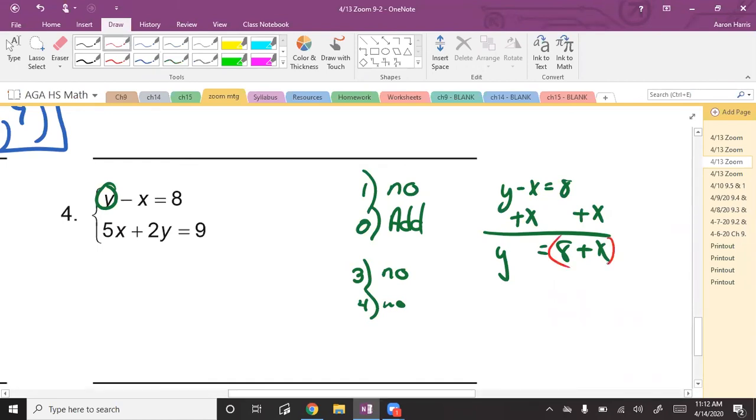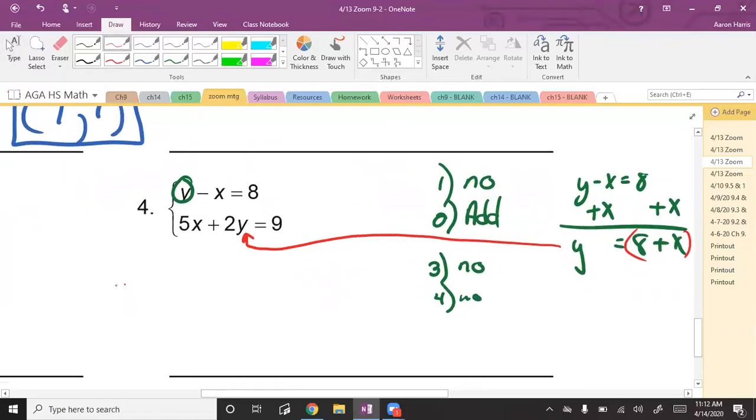What can I do with that? That's right. I can put it for this y in the second equation. So here we go. 5x plus 2, and instead of putting y, what is y equal to? 8 plus x. So I'm going to put 8 plus x equals 9. Now what am I going to do?